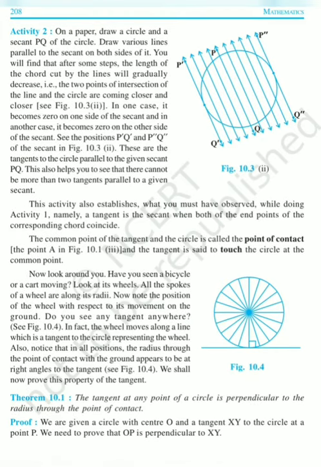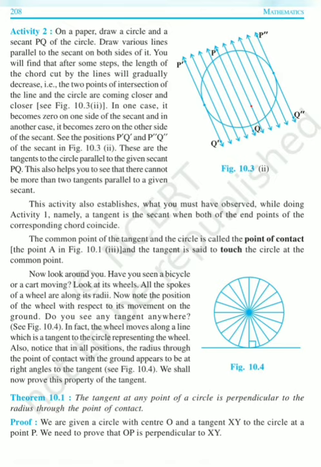That is, the two points of intersection of the line and the circle are coming closer and closer. See here in this figure, you can see the two points of intersection of the line and the circle are coming closer and closer. In one case, it becomes 0 on one side of the secant.